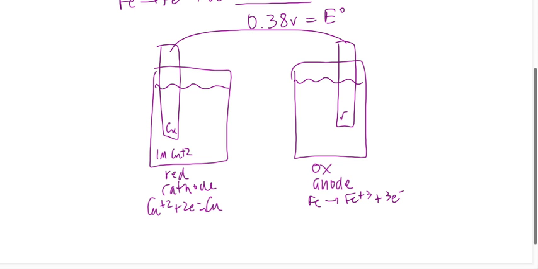This is iron, and it's floating in 1 molar iron plus 3 solution. Which way are electrons going to flow? From what to what? Anode to cathode. So this time they're flowing that direction. The anode is what sign on the battery? Negative. This is positive.